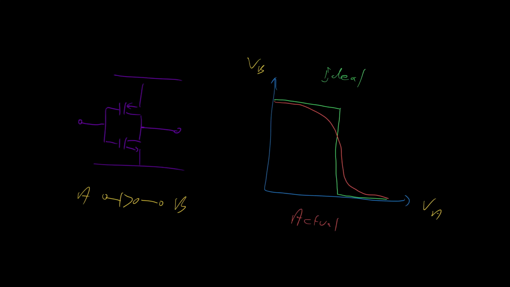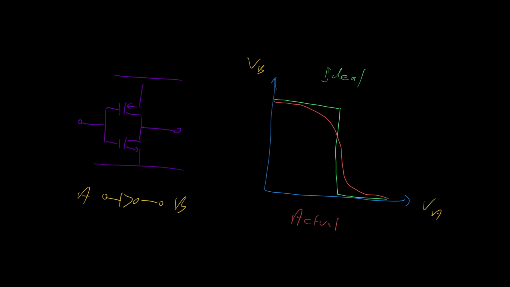The reason logic gates tidy up signals can be explained from their voltage diagrams here. Take the humble inverter made using 2 FETs, N channel on bottom, P channel on top. An ideal inverter has this response in green. So here's the input voltage, here's the output voltage. If the input voltage is anywhere between 0 and 2.5 volts, the output voltage should be 5 volts.